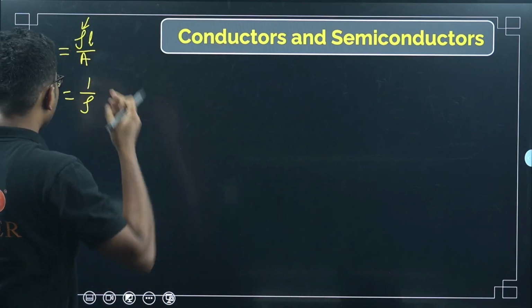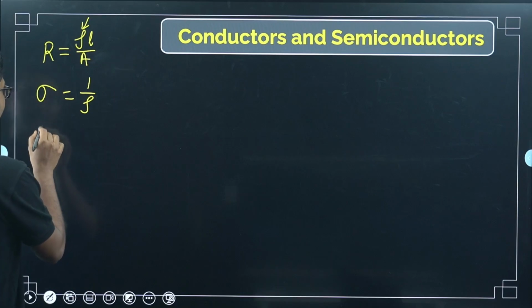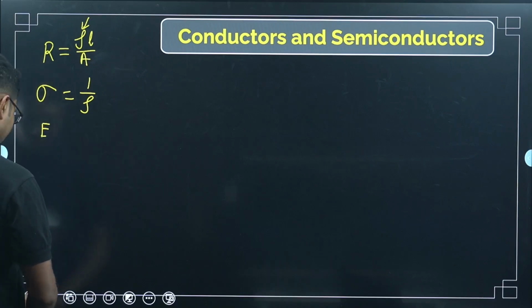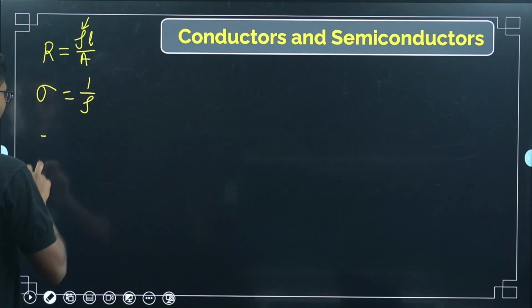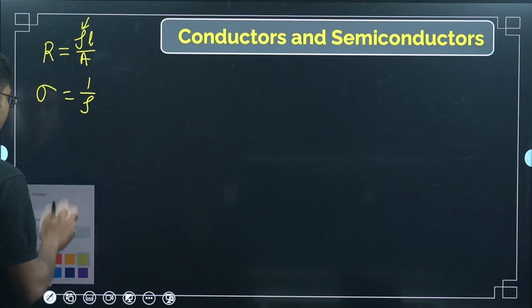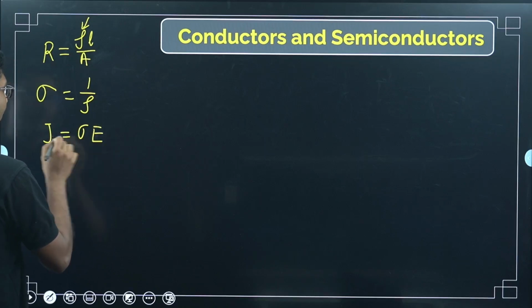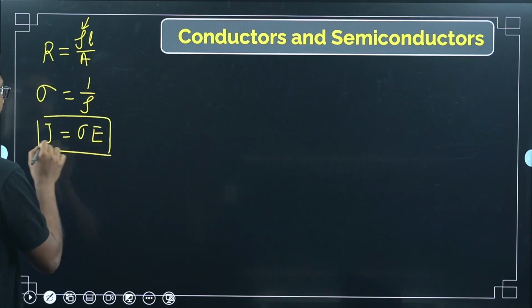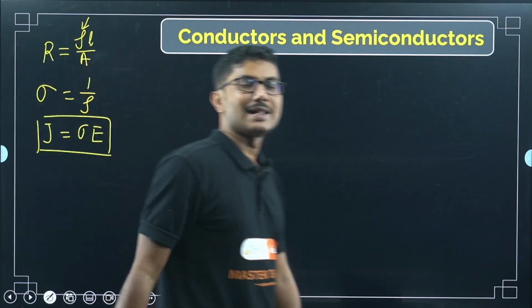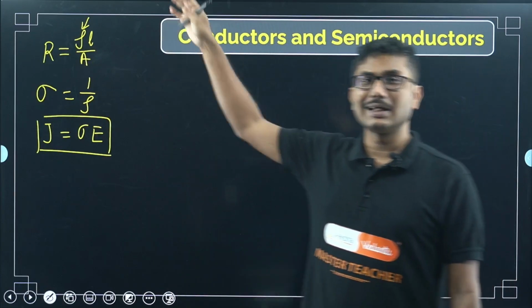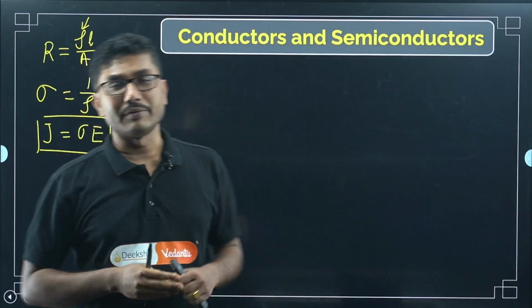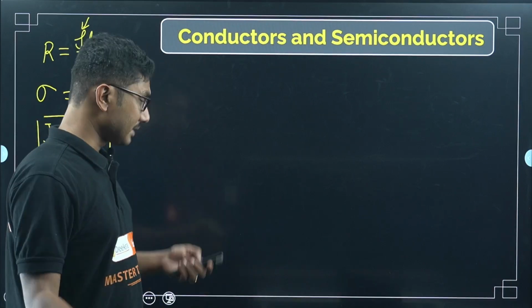Also we learned that J equals sigma E, another form of Ohm's law. This is nothing but current density in terms of electric field, and sigma here is the conductivity. These are all the known equations that we have learned in our previous chapters.